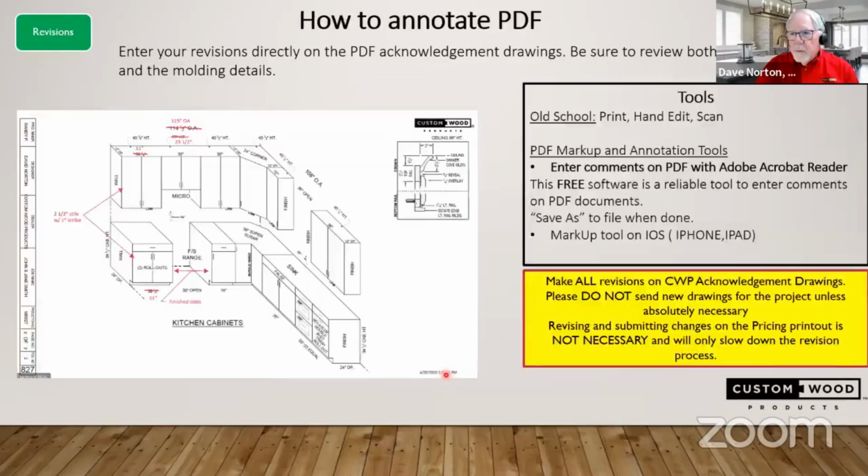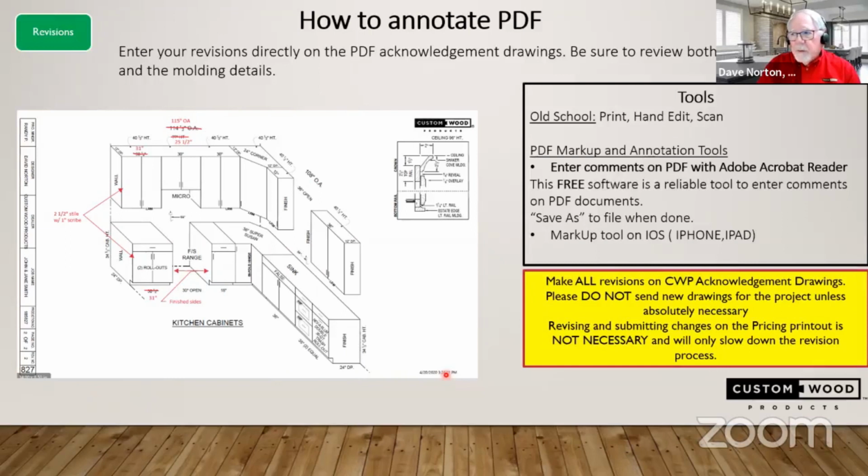So when you do red lines, you can print it off, handwrite on it, scan it, and email it back with your revision.